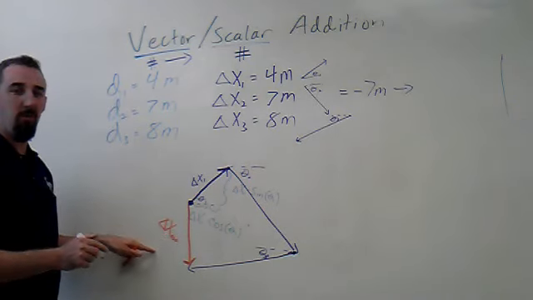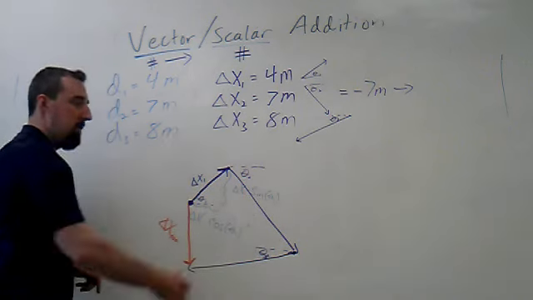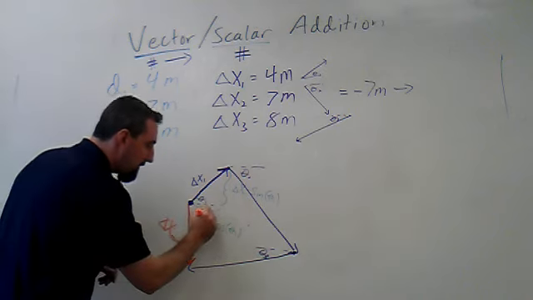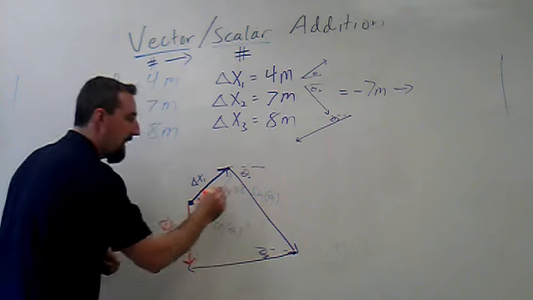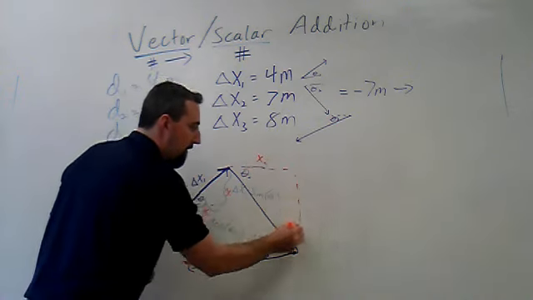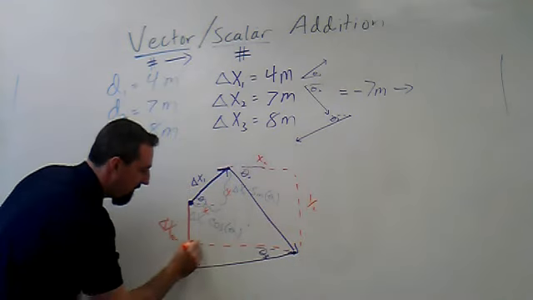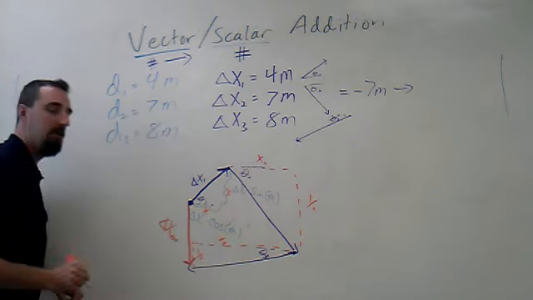I need to know my total displacement this way and my total displacement this way. So I'd have to get the x component for 1 and the y component for 1 and the x component for 2 and the y component for 2 and the x component for 3 and the y component for 3.